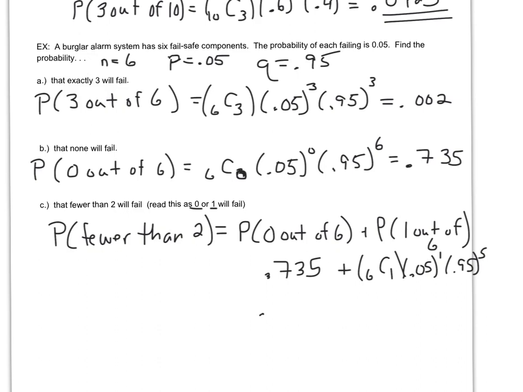I'll put that in my calculator, and I get 0.232. So if I add that together with 0.735, I get 0.967. So there's a very high probability that less than 2 of them will fail, 0 or 1, which is good, because again, we don't want the burglar system fail-safe components to fail.